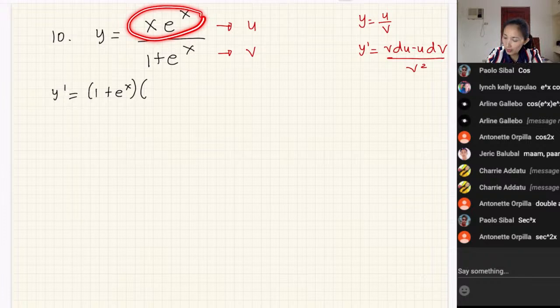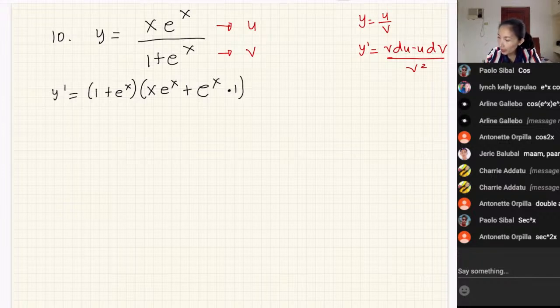The product rule says the first, that's x, times the derivative of the second, the derivative of e to the x is e to the x itself, e to the x, plus the second, e to the x, times the derivative of the first, which is 1. So times 1. Okay? So, we're done with this.